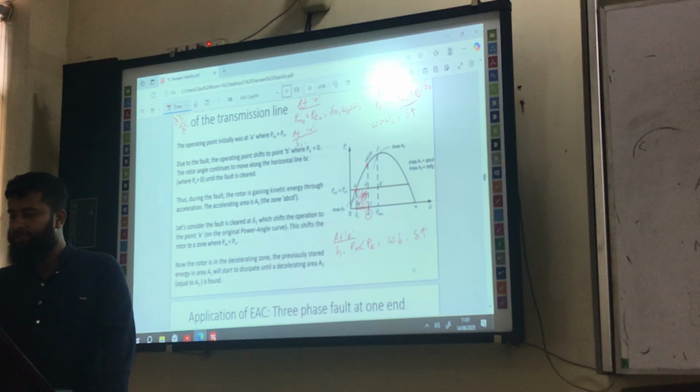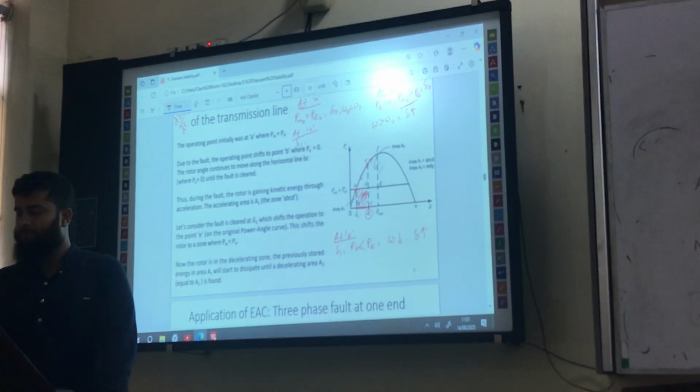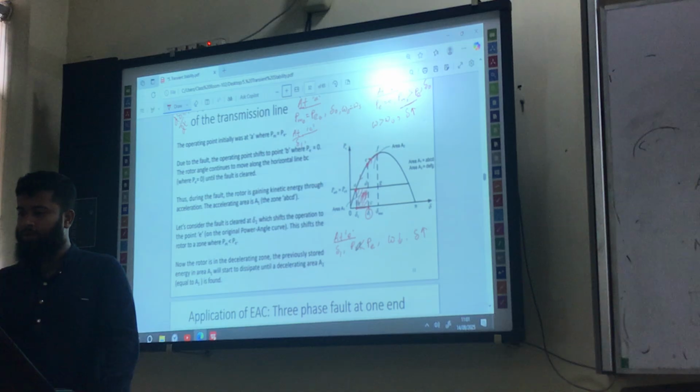Increase means from this point E, what will be the next journey? Towards F, right? Because delta increases, we have to go to the right side of this power equation. That's why the next journey will be from E to F, and it will follow this power equation curve and come here at point F. Now at point F, what will happen?